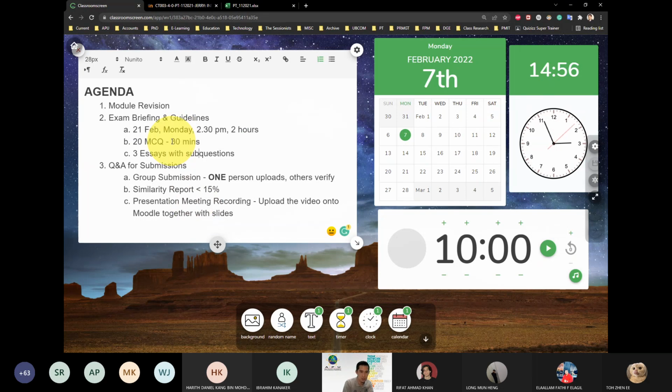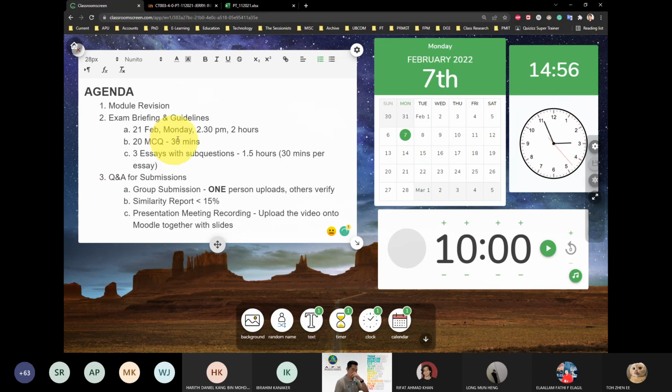Which basically leaves you with the other 1.5 hours, 30 minutes for each essay. 30 minutes per essay is honestly a very, very comfortable amount of time.